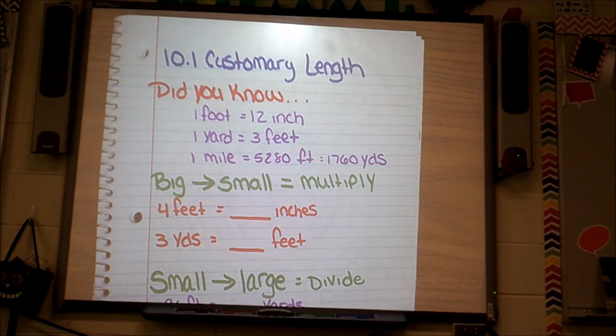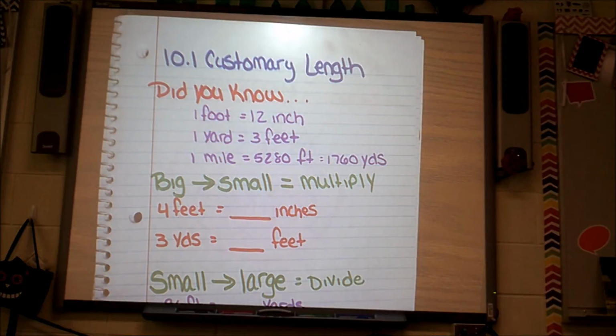So what this means is, for the first one specifically, big to small. If I'm going from something big to something small, then I'm going to multiply to convert that. In other words, hopefully we can agree that a mile is much larger, or much bigger, than a foot is.